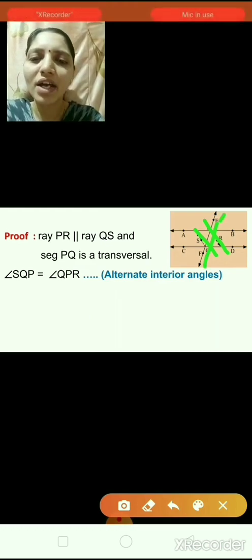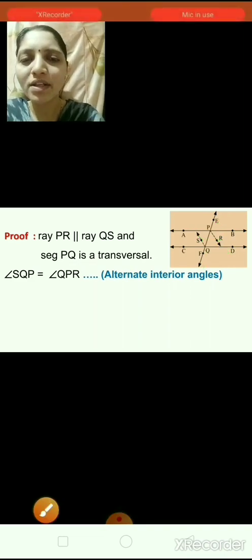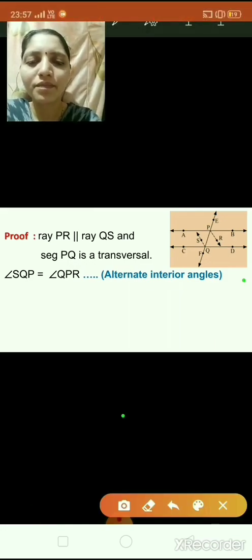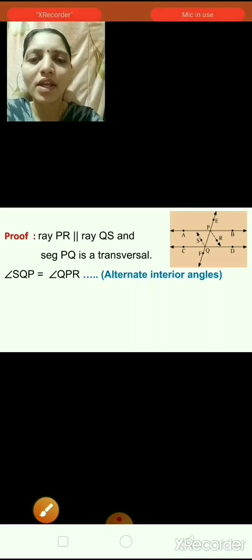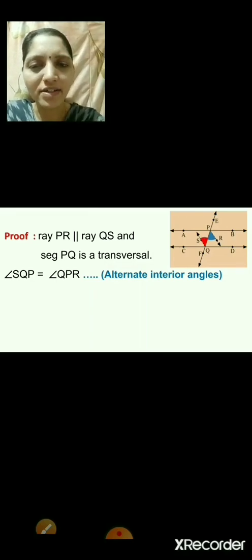Then we can write here angle SQP and angle QPR are equal. Why are they equal? Because they are alternate interior angles.